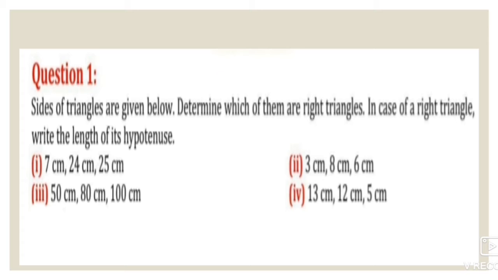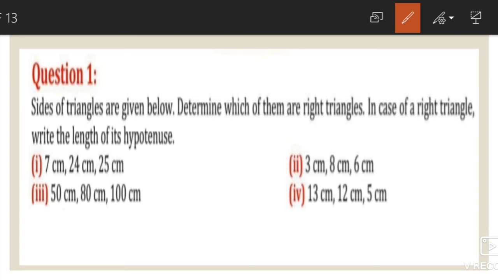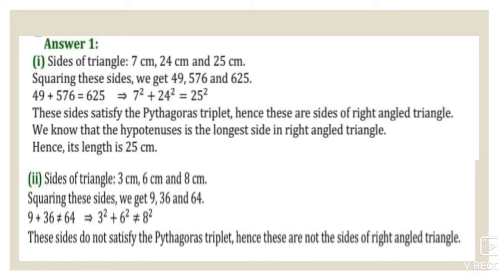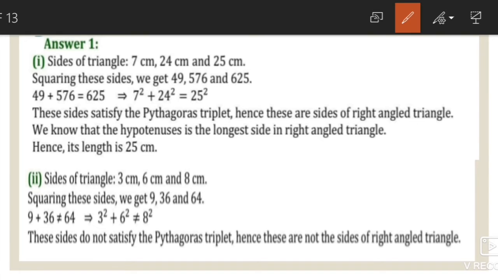So start with part number 1. In part number 1, the sides of the triangle are given as 7 centimeter, 24 centimeter, 25 centimeter. So let's check the solution. Squaring these sides, we get 7 square as 49, 24 square as 576 and 25 square as 625.